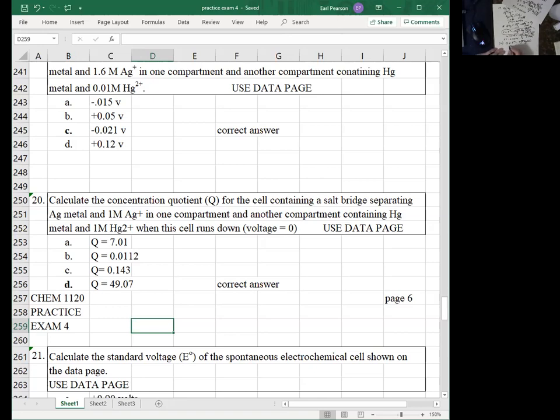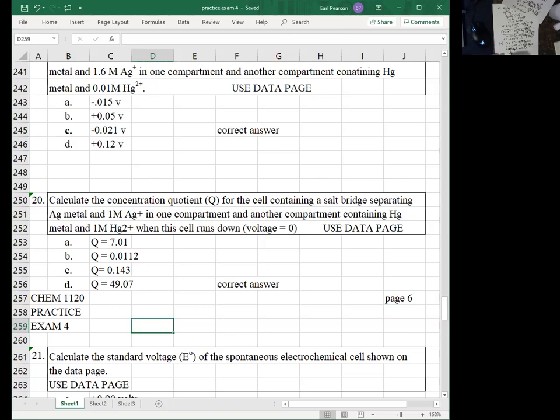Okay, so 0 is going to be the E0 of the cell we calculated up here, plus 0.05 volts minus 0.0591 over 2 log of Q. I'll bring this term across, and that gives me plus 0.0591 over 2 log of Q is equal to 0.05.